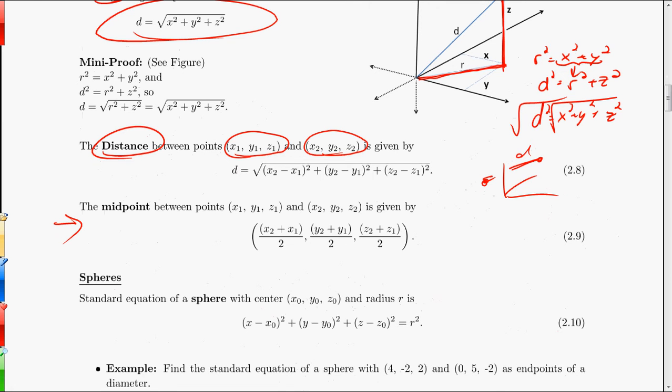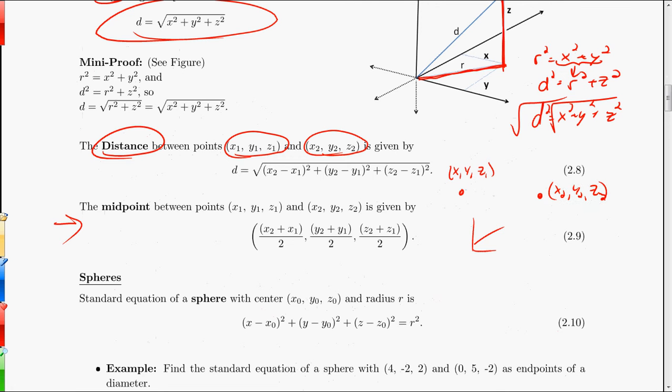The midpoint, it's sort of a strange formula, but it's very, very nice in the sense that you're just averaging 2 points. So if you have these 2 points, we'll call this one point 1, which is x1, y1, z1, and this point x2, y2, z2.